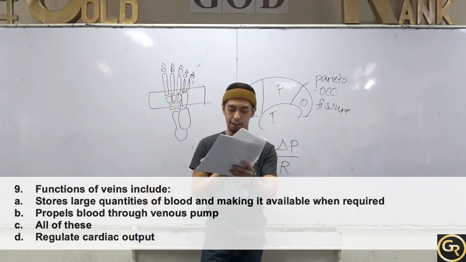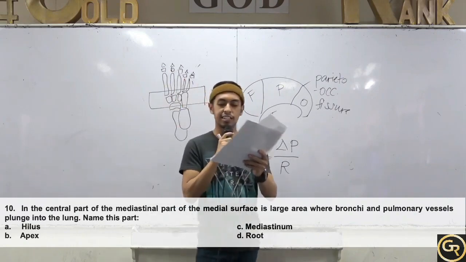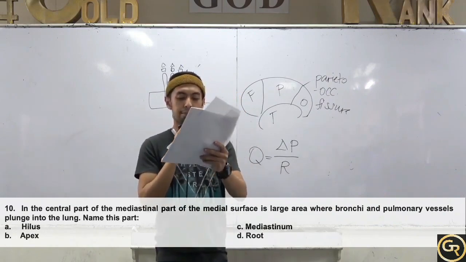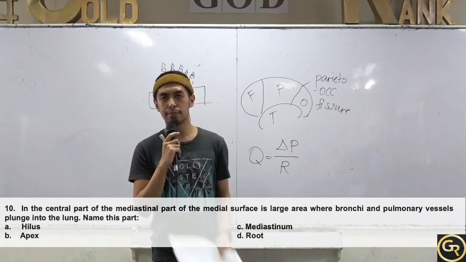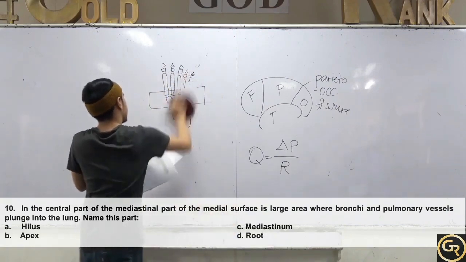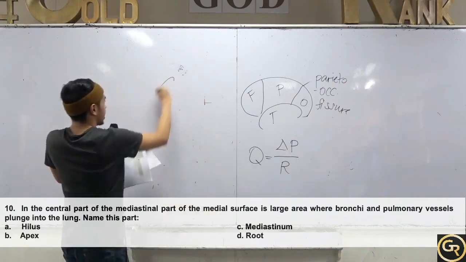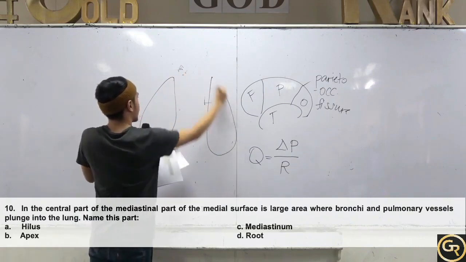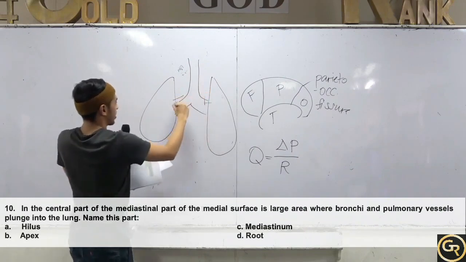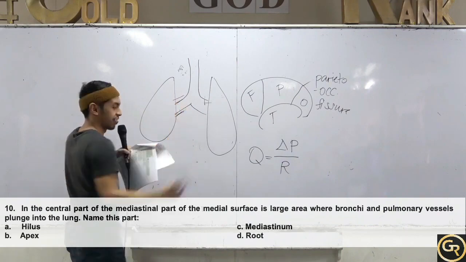All of these. Okay? Number 10, in the central part of the mediastinal part of the medial surface is a large area where bronchi and pulmonary vessels plunge into the lung. Name this part. So, for example, when you draw your lungs, you will see that in the lungs there's a portion where the bronchi and other arteries and veins plunge towards the inner part of your lungs.